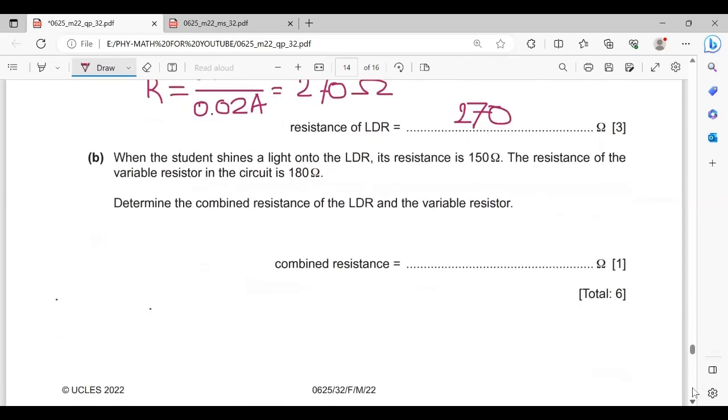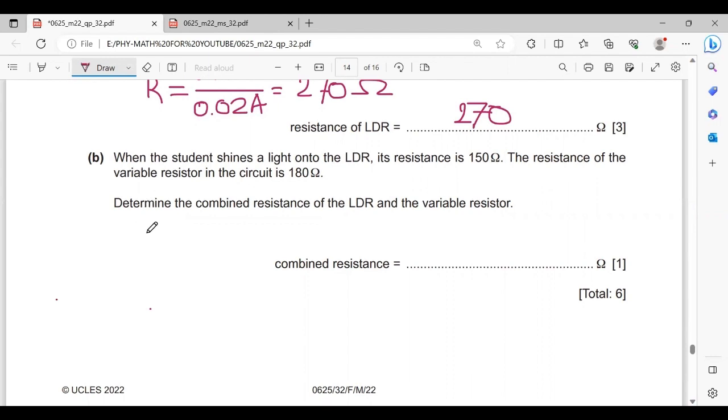When the student shines a light onto the LDR, its resistance is 150 ohms. The resistance of the variable resistor in the circuit is 180 ohms. Determine the combined resistance of the LDR and the variable resistor.